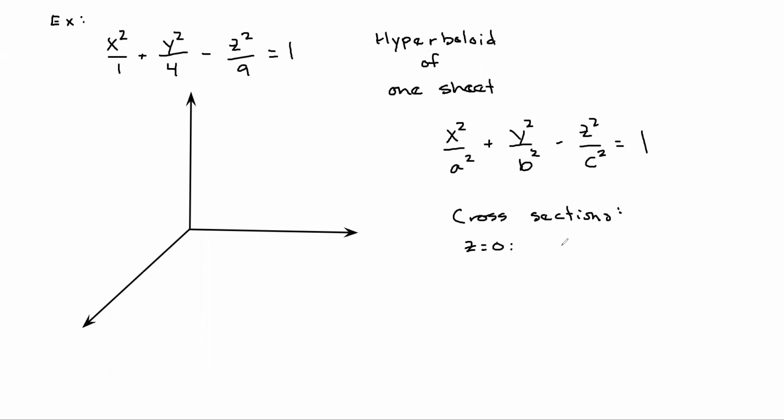If we do that, we end up with x squared plus y squared over 4 equals 1. All right, so that is going to be an ellipse where we have intercepts of 1 and negative 1 for x, and 1, 2, 1, 2 for y. And just draw your curve as best you can.